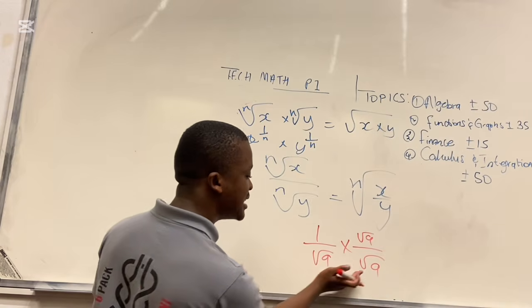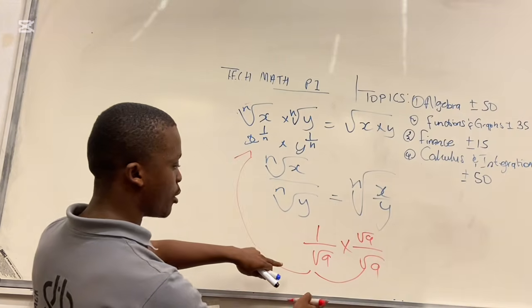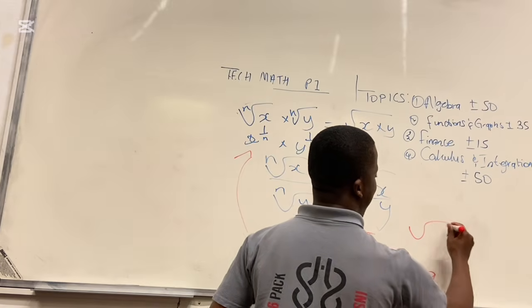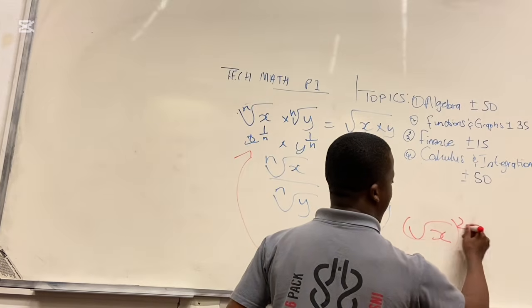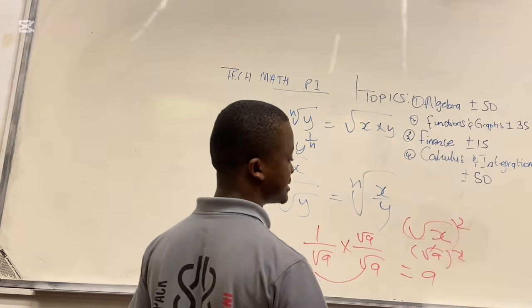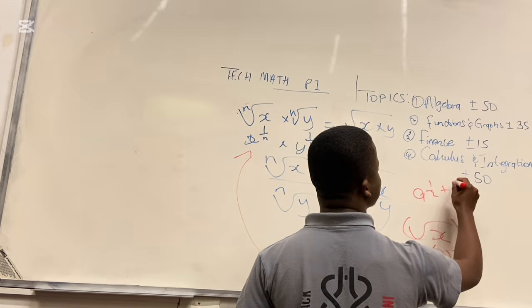According to our rules, this will be a, because square root of a squared cancels the root, since it is a to the power of 1 over 2 plus 1 over 2.